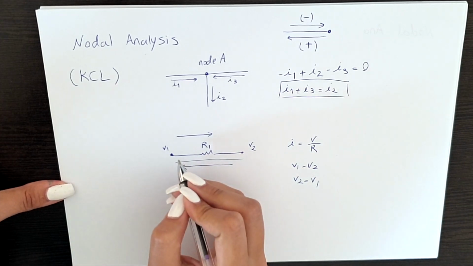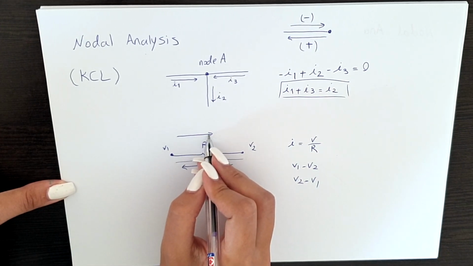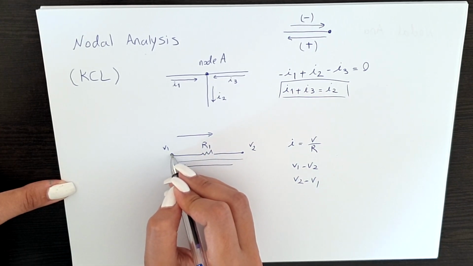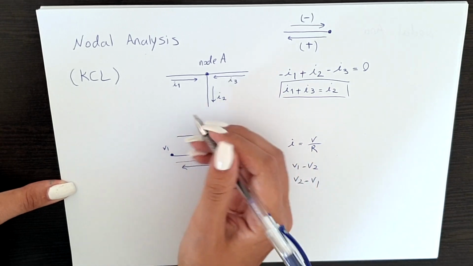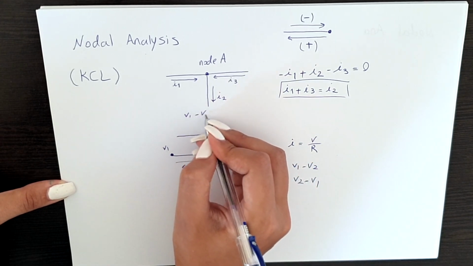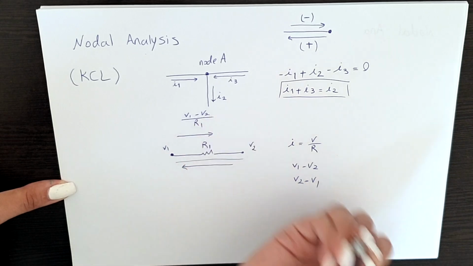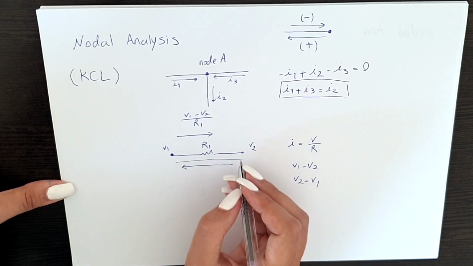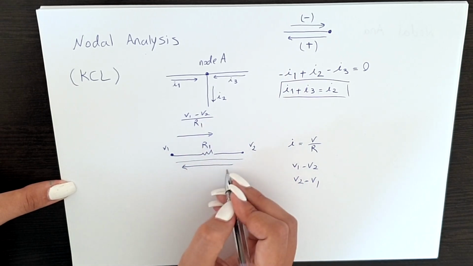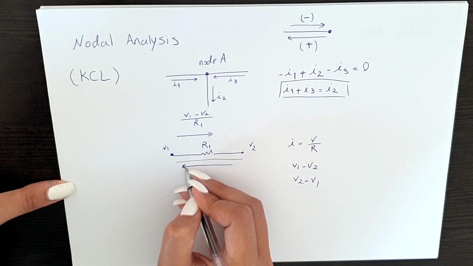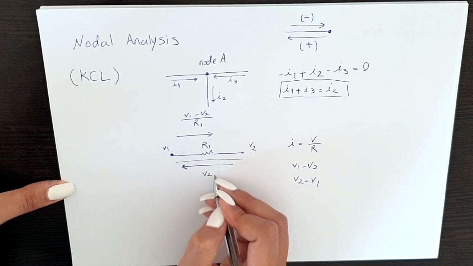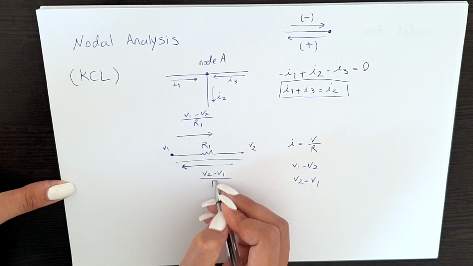If we are considering the current going from V1 to V2, we say V1 minus V2 over R1. This is our current. If the current direction is to this side, we say V2 minus V1 over R1.